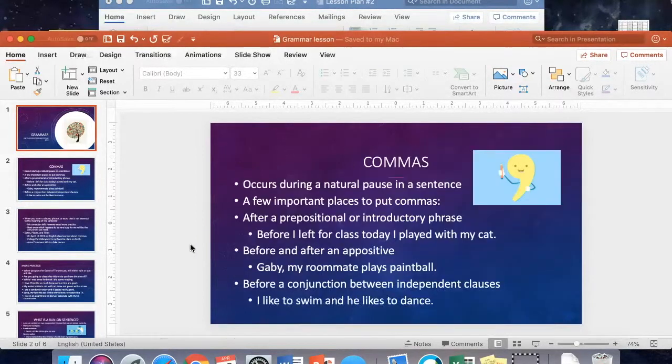So when I did my little presentation on commas, I purposefully left out the comma in the example sentences. Here I have one just to show that there's another one, because I wanted them to answer the question basically on where to put the comma.